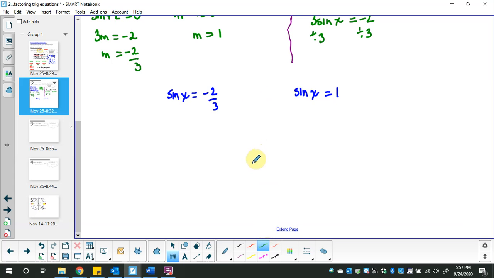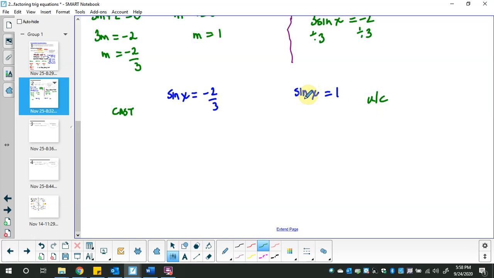And fortunately, there's one of each, so I get to review both. So this is a cast rule question, because if I check the unit circle, I do not see negative 2/3 on it for sine. And this is a unit circle question, because this is on the unit circle under sine.